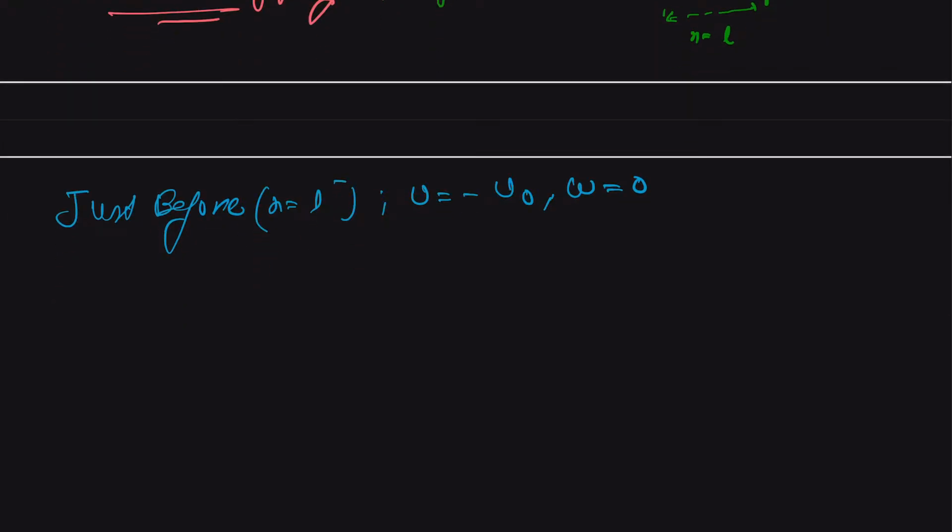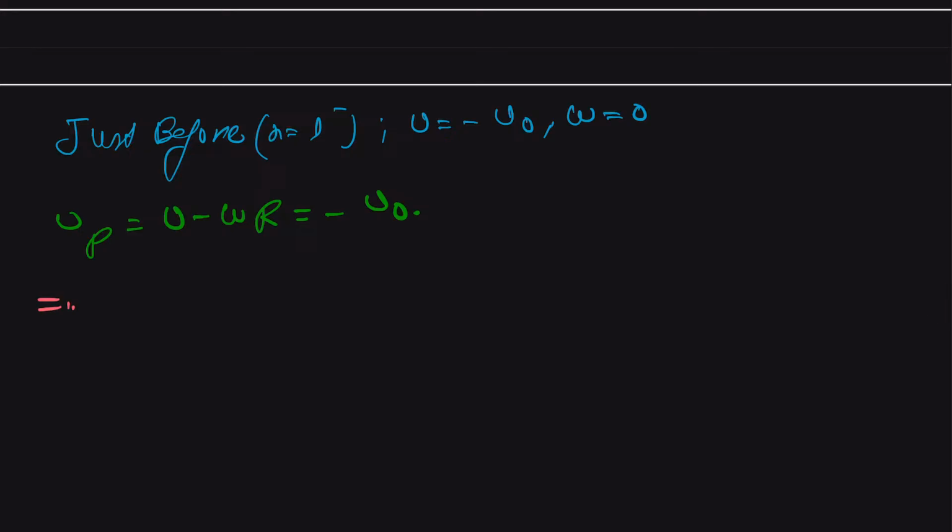Therefore the velocity at point P will be v minus omega times r, and that is equal to minus v naught, because omega is equal to 0 and v is equal to minus v naught. So the velocity of point P is equal to minus v naught. And there will be an impulse to the right at the bottom.